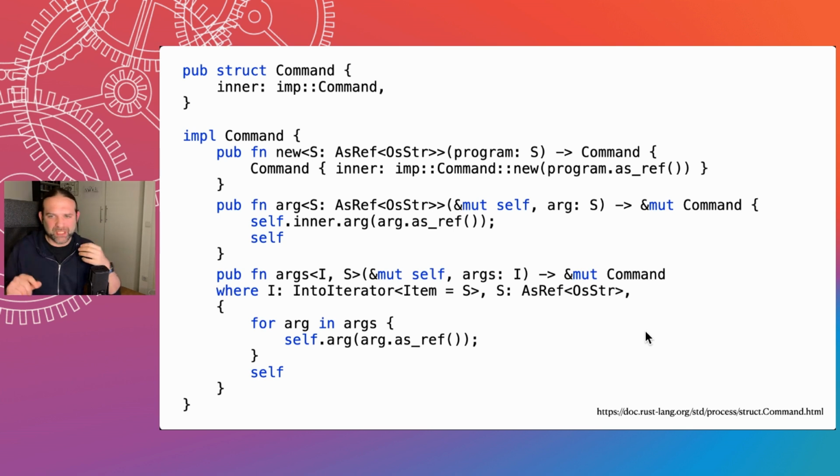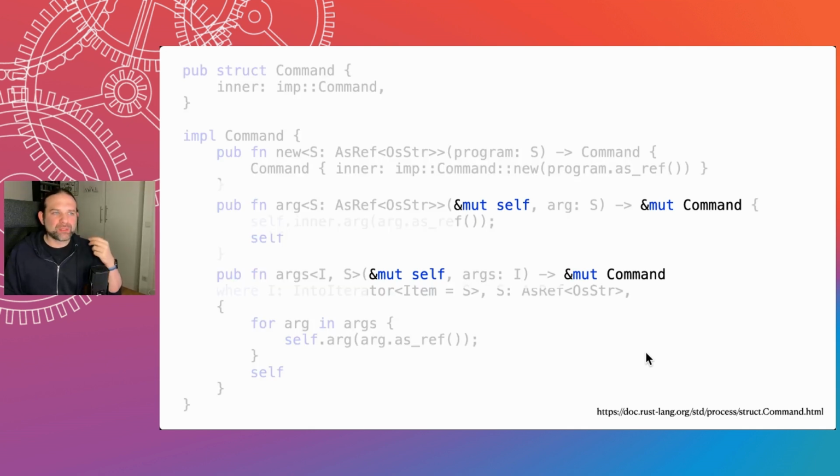If I look at the implementation, this is abbreviated because it has many more methods. I have a struct command. The input block creates a new command, and with every arg or args that I add, I'm adding something to the list. And if you look at that, both arg and args and also all the other methods use a mutable reference to itself, which means that the actual instance is going to be changed.